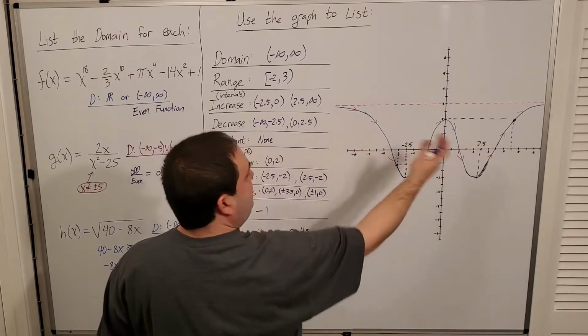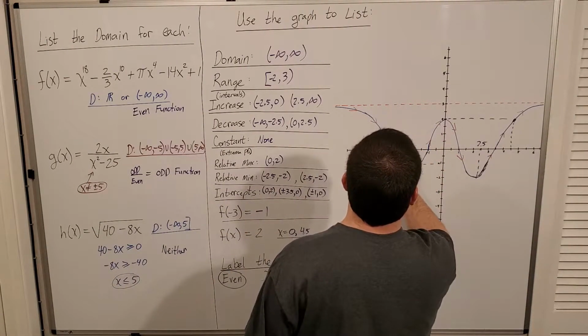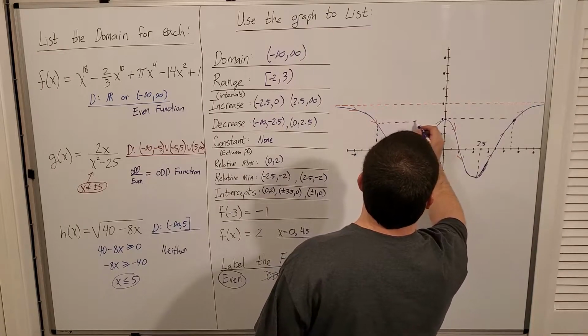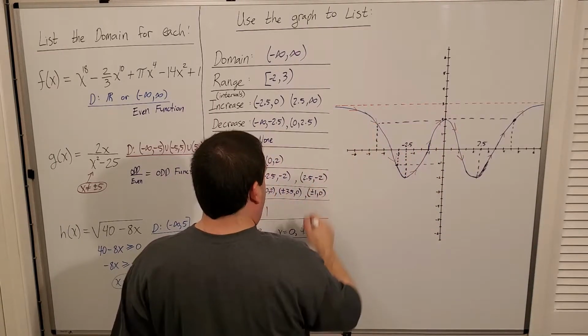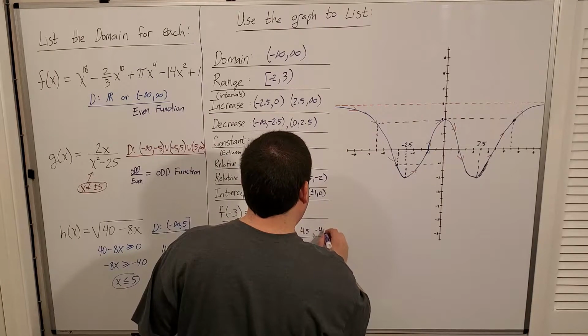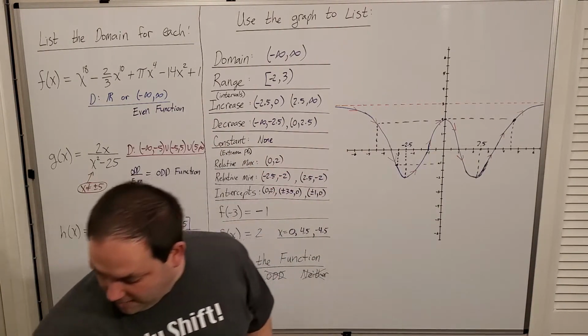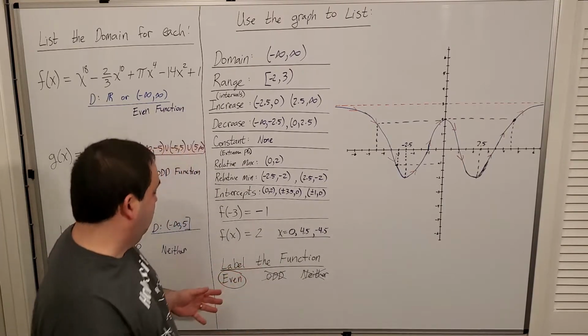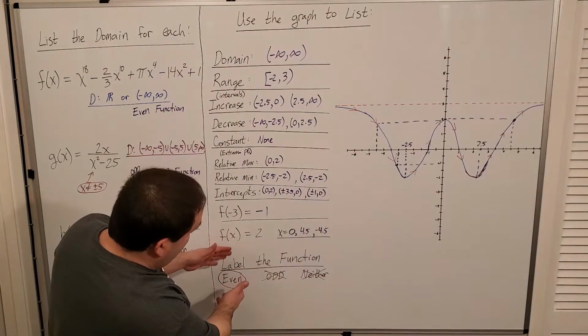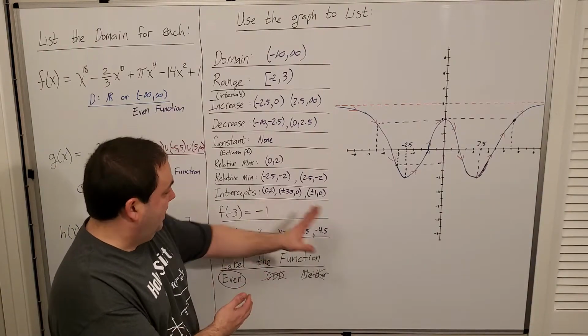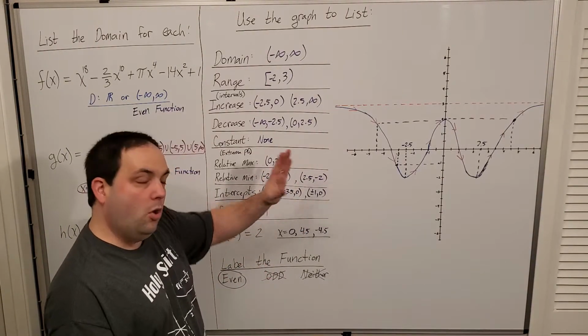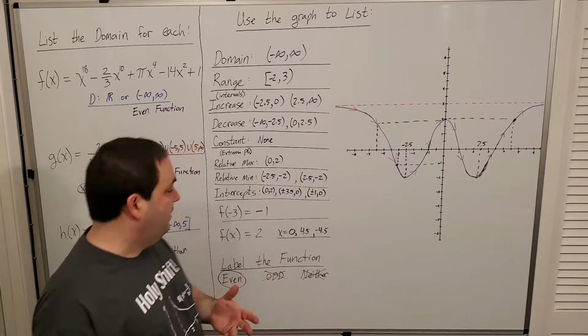And of course, since this is an even function, you can tell it's the same thing over here at negative 4.5. Be sure that when you're looking at these graphs that you look for these kinds of things. Like I was able to use the fact that it was an even function to help with the symmetry on all of these points.